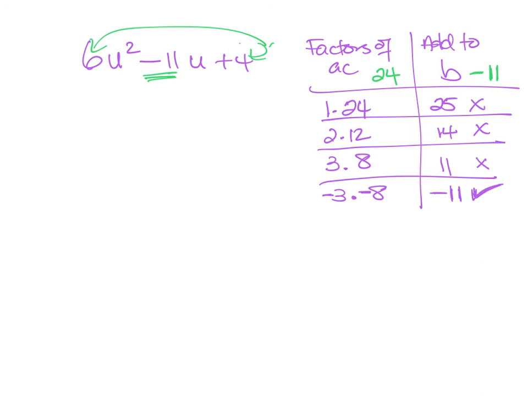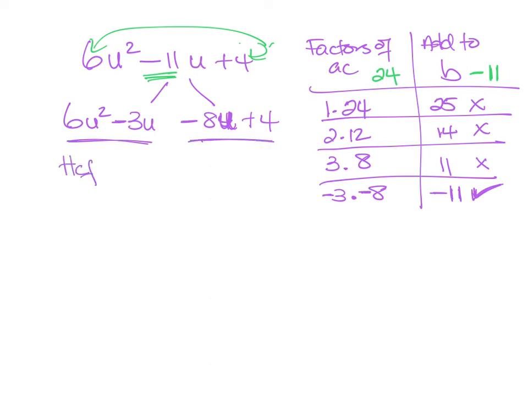So we go to the next step, which is we bring down the 6u squared, and we're now going to split the minus 11u. So instead of minus 11u, we'd have minus 3u minus 8u, and bring down the plus 4. And we now factorize by grouping. So what is the HCF here? The HCF here is 3u, and we're left with 2u minus 1.